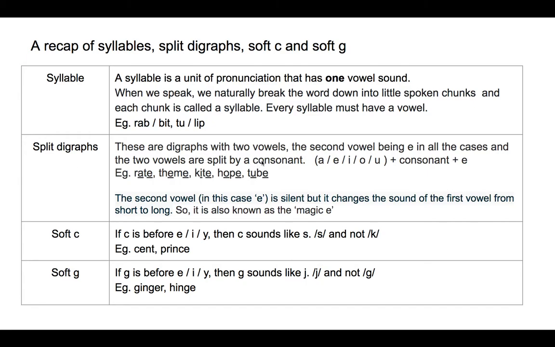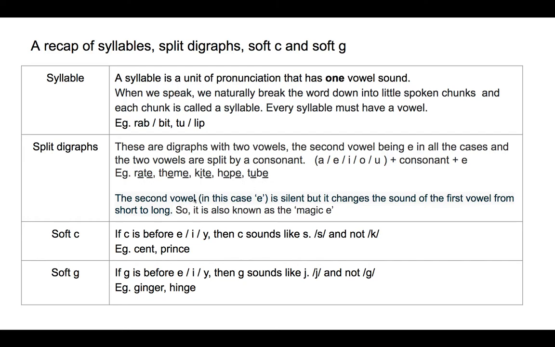And a split digraph is a digraph that has two vowels, the second vowel being E in all the cases, and the two vowels are split by a consonant. So we have any of these vowels and then the consonant and then the vowel E. Because it is split by a consonant, it is called a split digraph. For example, rate, theme, kite, hope, tube.